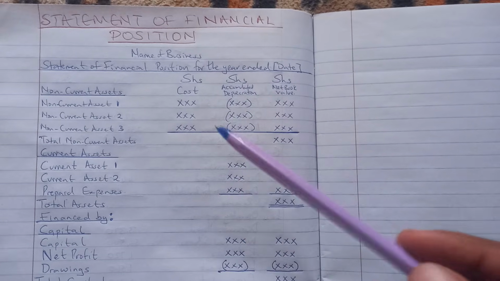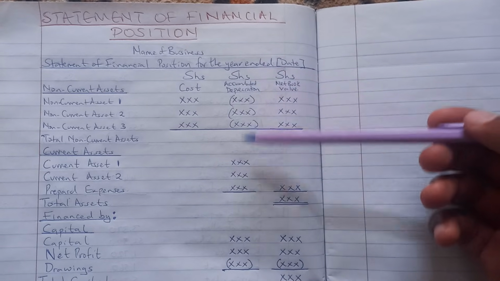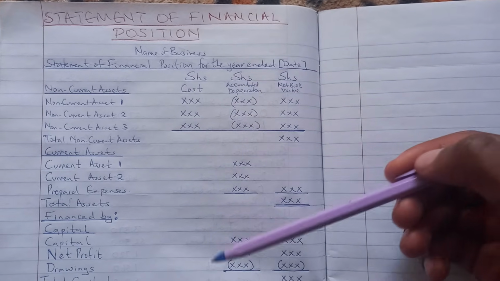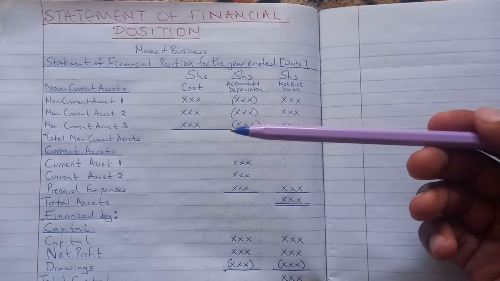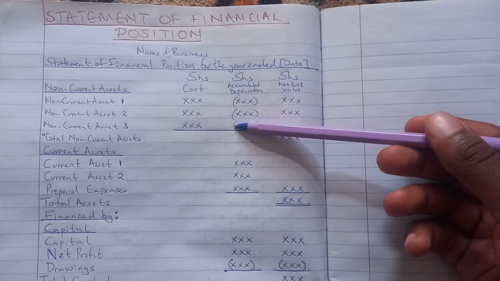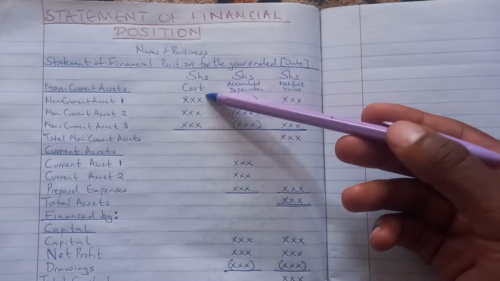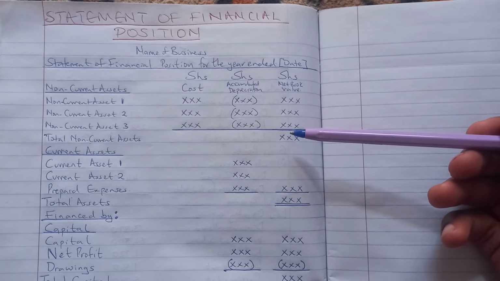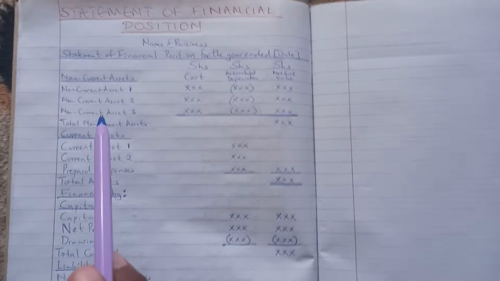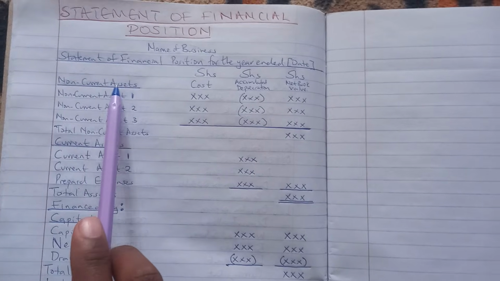Okay, so the statement of financial position format is guided by the accounting equation. The accounting equation is asset equals capital plus liability. So we start with the non-current assets.